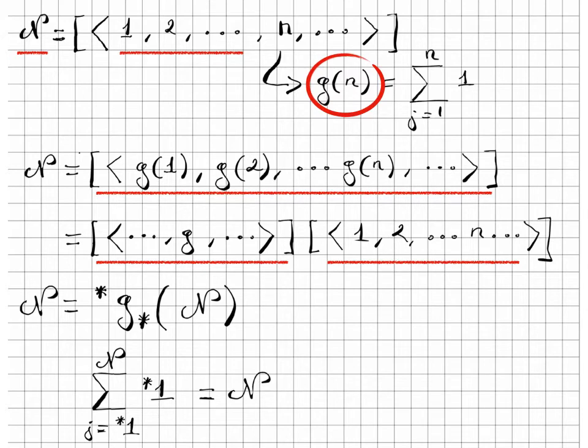In other words, this is the extension of g acting on N. Since g was the sum of 1 from 1 to n, we are going to write the extension of g as the sum of star 1 from star 1 to big N.